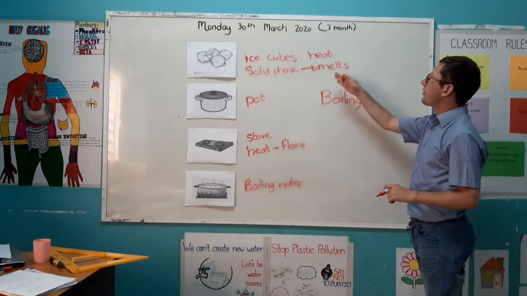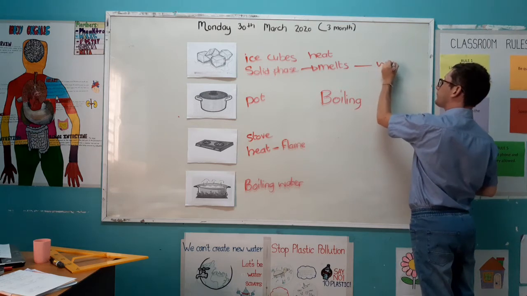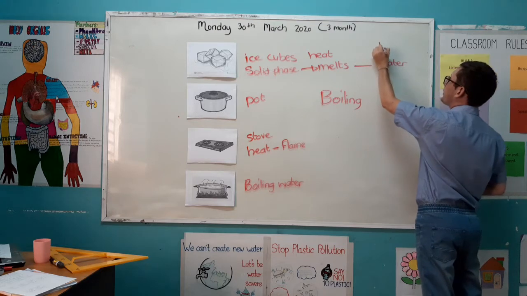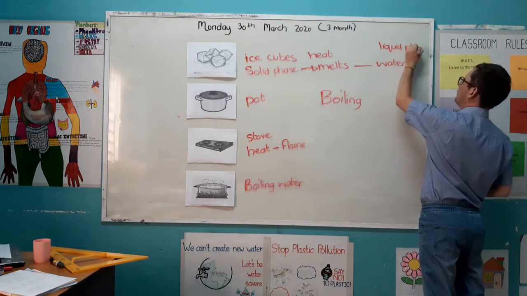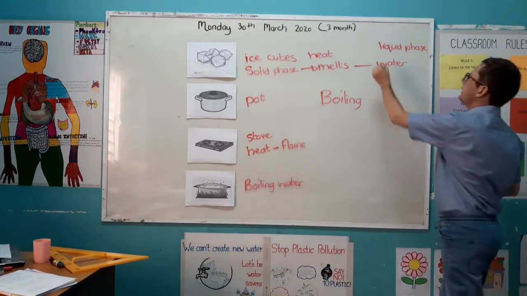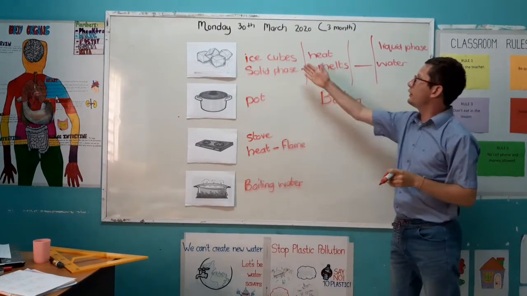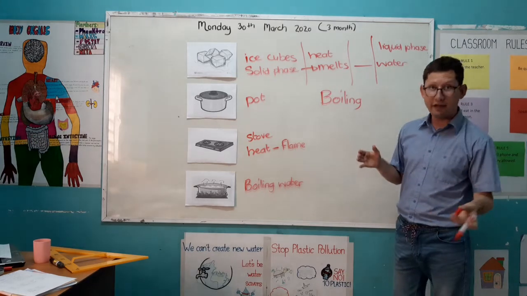And once the ice cubes are turned into water, it is then in its liquid phase. So this is how it is. So you have ice cubes, which are in their solid phase.